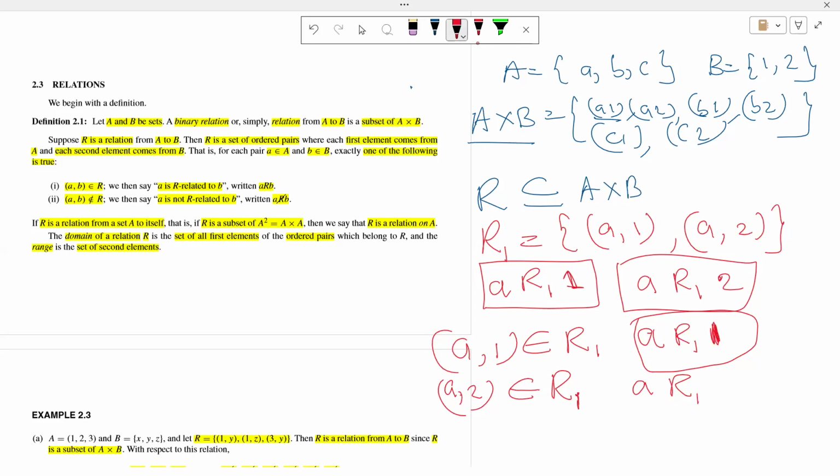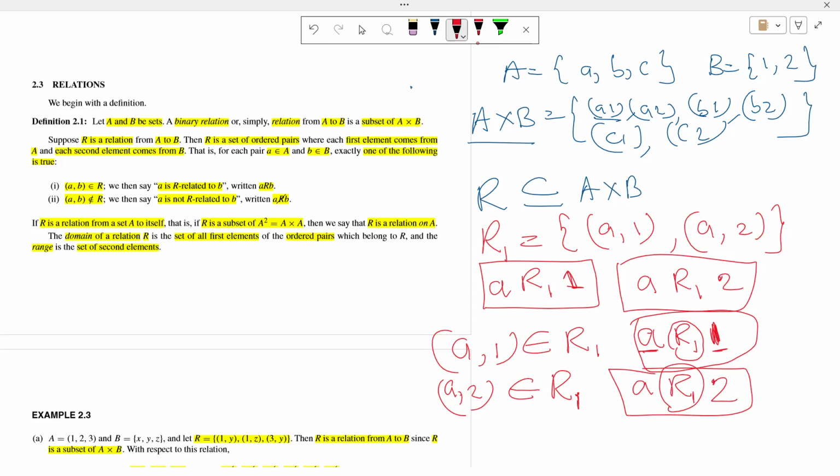Here I made a mistake: first I write the first element, then the relation symbol, then the second element. So first A, then the relation R1, then the second element 2. This way we can indicate it.